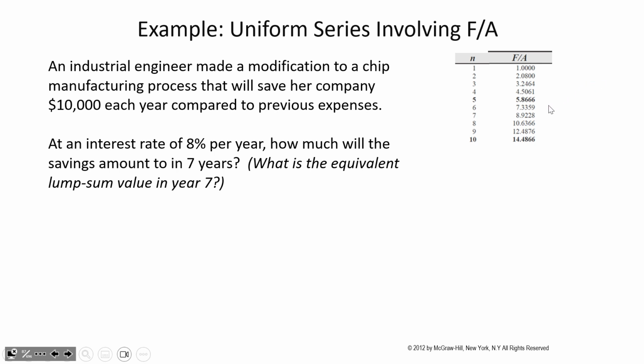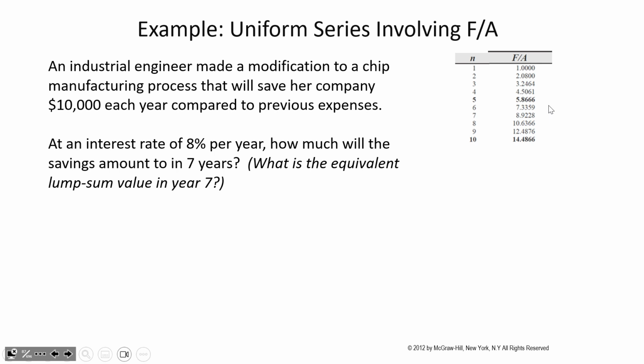It is 8.9228. So the way that we use that then is we just know that the ratio of F to A is 8.9228. And so then therefore F is going to be the annual amount of 10,000 multiplied by 8.9228. So it's kind of interesting.